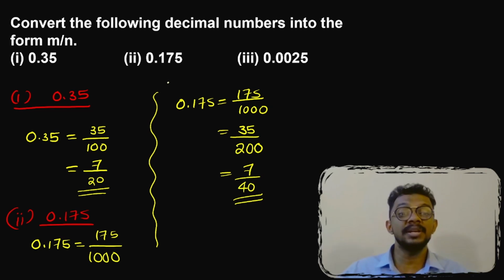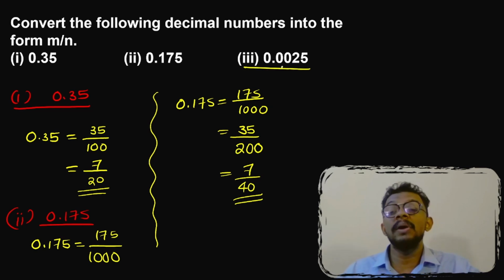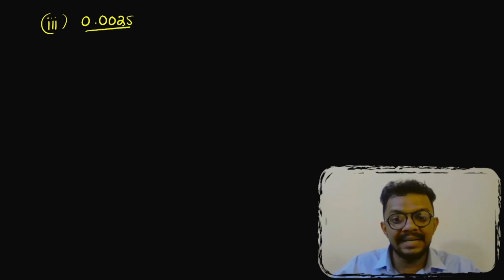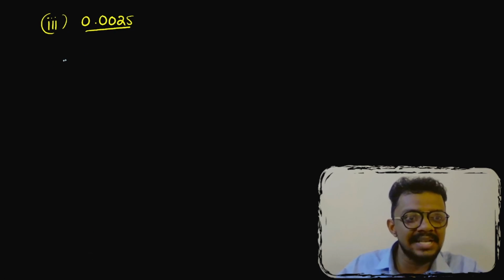Okay, the last question, question number 3. 0.0025. What is the m by n form of 0.0025? What are the steps? Write it in the m by n form. The strategy is simple.